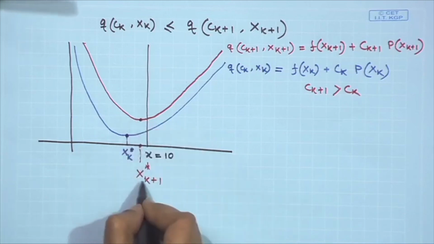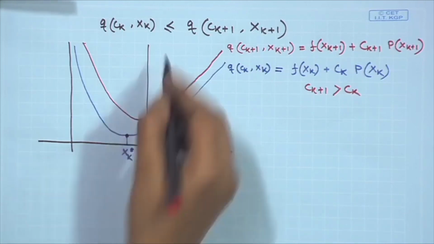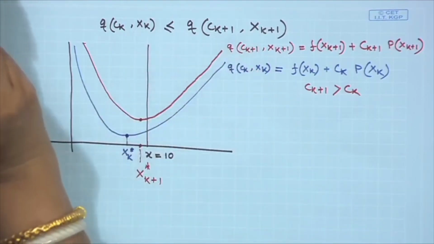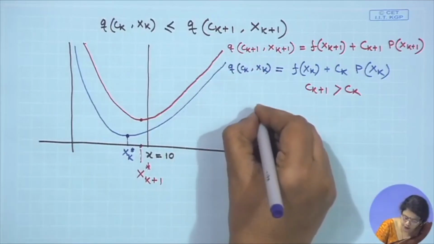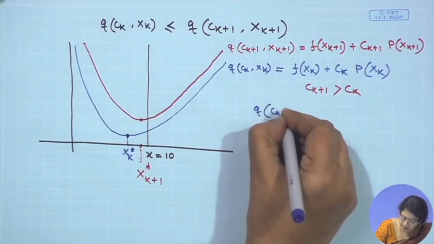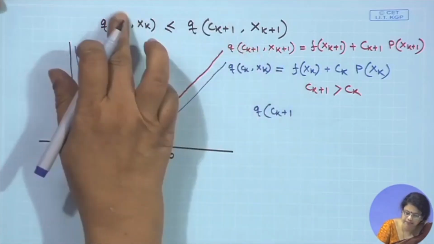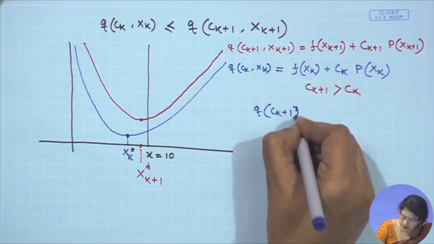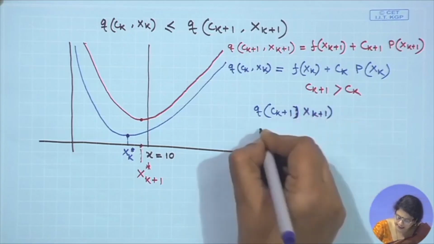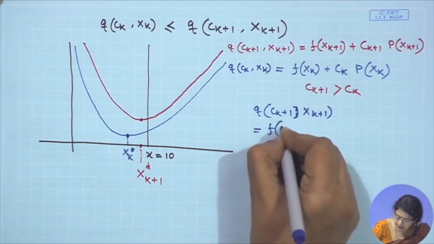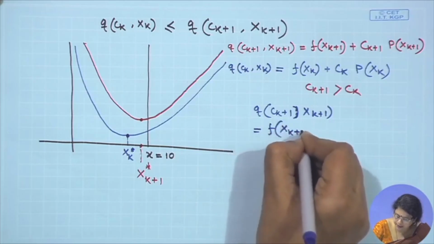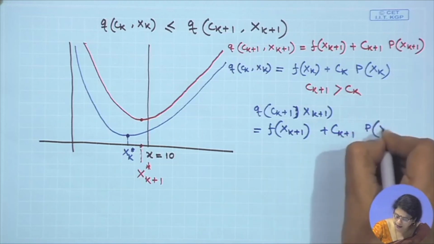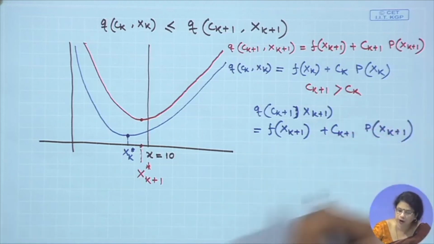That is why if this is c_{k+1} this way, now we need to prove this one. Let me start from the calculation, let me start from the value of q_{c_{k+1}}. I need to prove that this is better than this. q_{c_{k+1}}(x_{k+1}) is equal to, just you see the calculations, f(x_{k+1}) plus c_{k+1} p(x_{k+1}), all right.